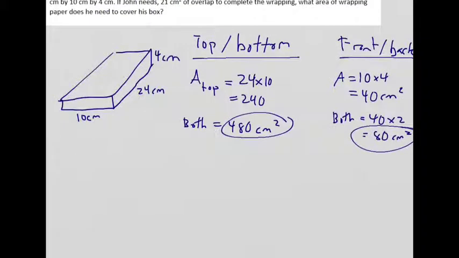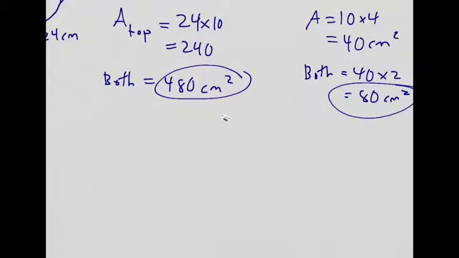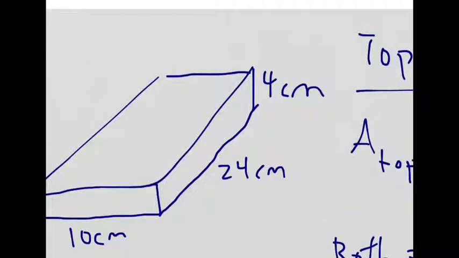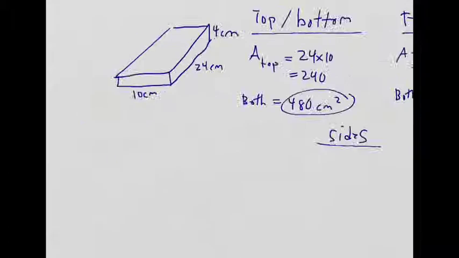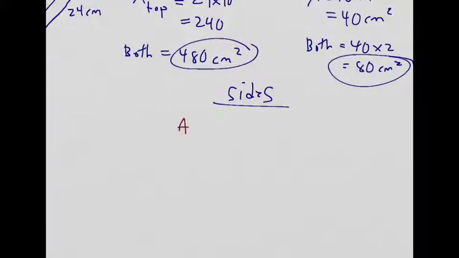What two faces have I not calculated yet? The sides. Okay, so I look at the sides. What are the dimensions of the sides? 24 and 4. 24 by 4. So area is 24 by 4.